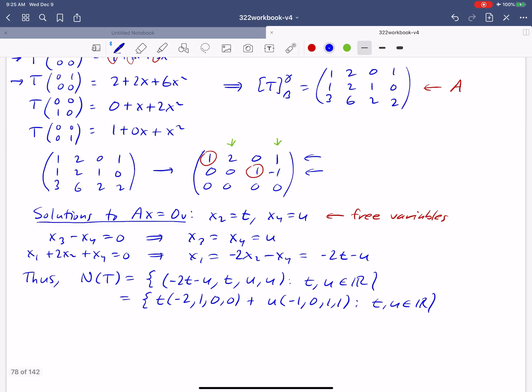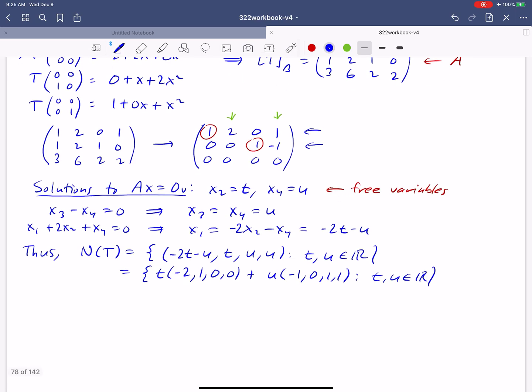All right, and I think with the calculations that we've done, we're in a pretty good position to go ahead and write down a basis for the range and the null space of our left multiplication operator. Let's start with the range.